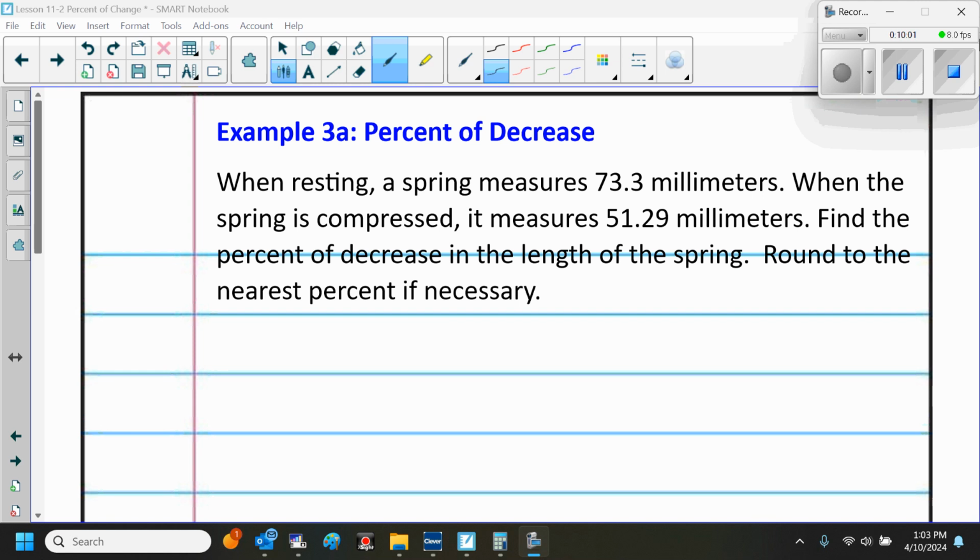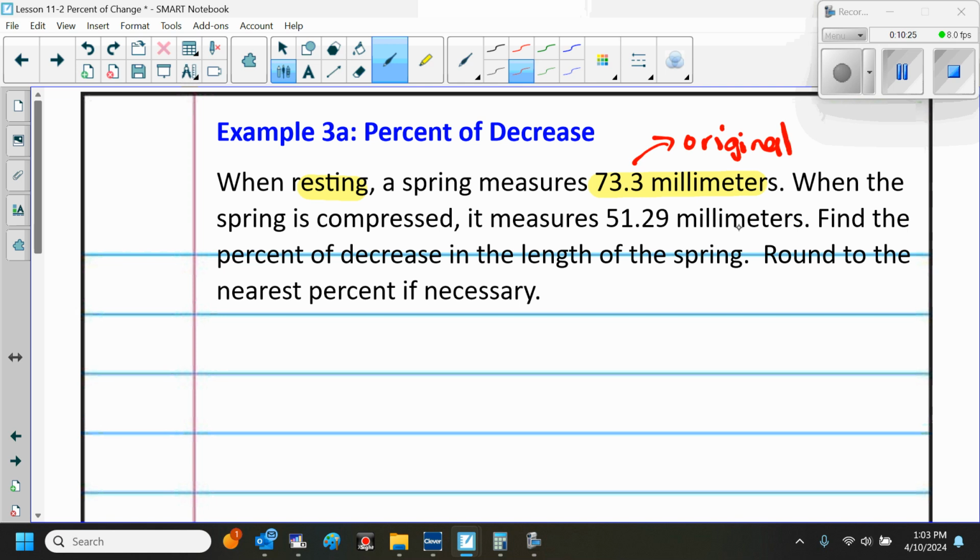So what is the important information here? Yes. 73.3 millimeters. Yeah. So this is 73.3 millimeters. That's when it's resting, right? Is that the original? Yeah, that's the original. So I'm just going to put this, I like to write it as a reminder. Original.